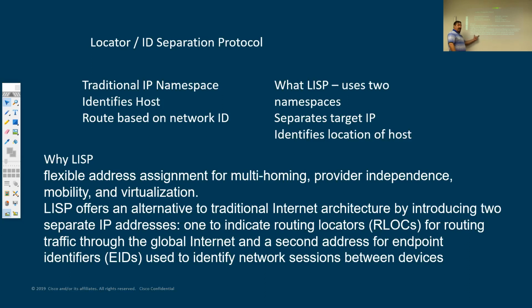And then we have the endpoint identifier, which is used to specify the device itself that we're communicating with. So as we want to talk to an individual server, or even an individual user, to reach that endpoint, I've got to get to this destination router.